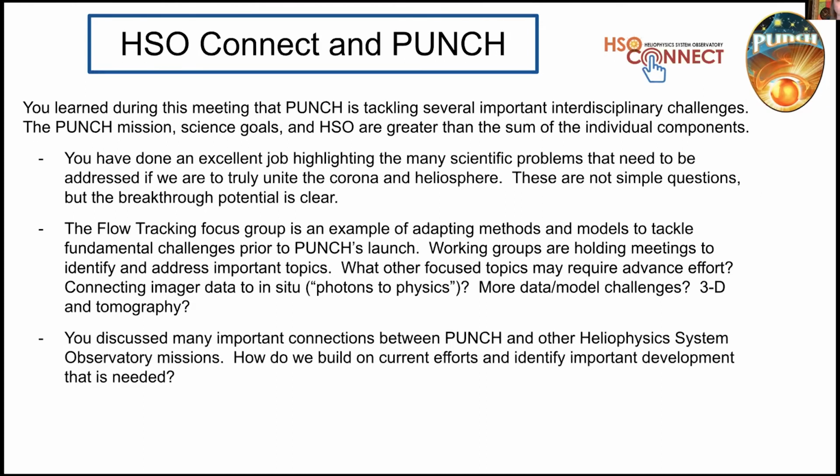We also discussed many important connections between PUNCH and other Heliophysics System Observatory missions. This is not just in terms of development, it has to do with how we make our science more robust and use not just the methods, but also the connections to build on this and identify important development that is needed.